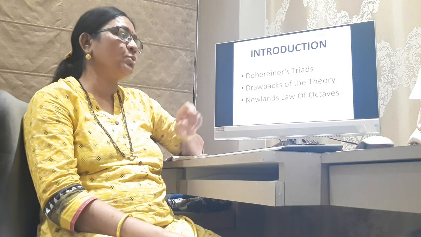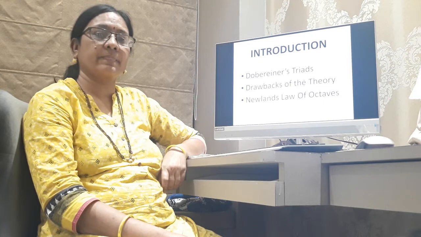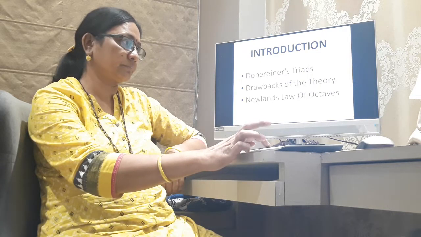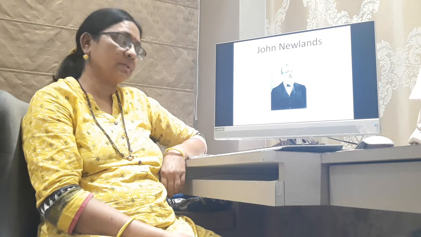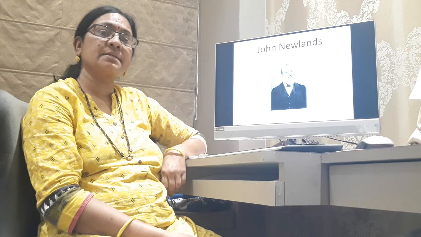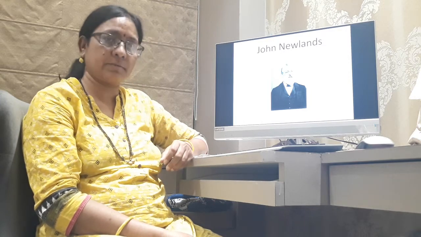Then we have a new scientist who proposed his theory, and he was John Newlands, an English scientist who proposed his theory in the year 1866. He also used the same criteria as Dobereiner used.